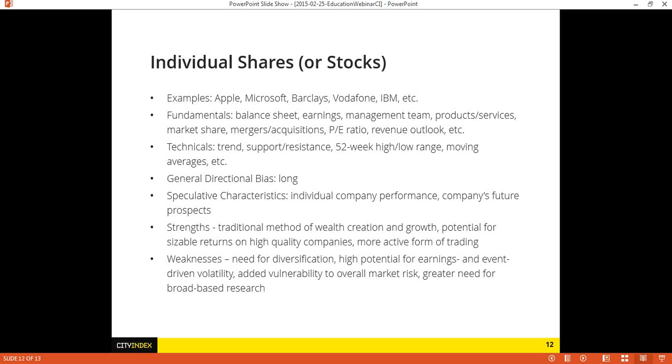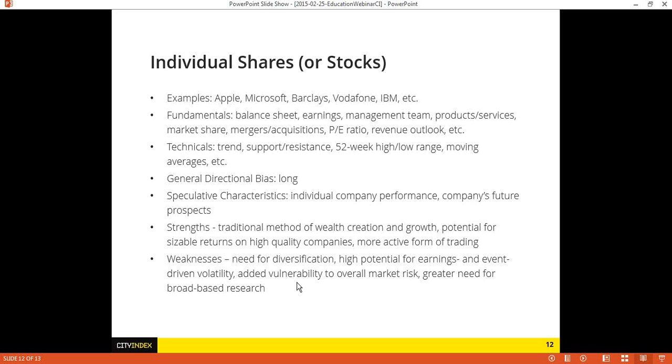Because, for example, if you're trading only technology stocks, what if the whole technology sector, as it's done many times before, suddenly plummets? Then you've got all these holdings in technology stocks that just completely ruined your day or your week or your month or what have you. So you want to be able to diversify if you are trading individual stocks.